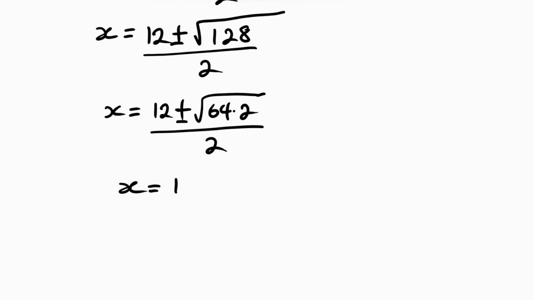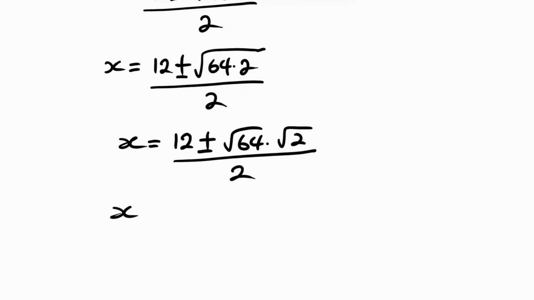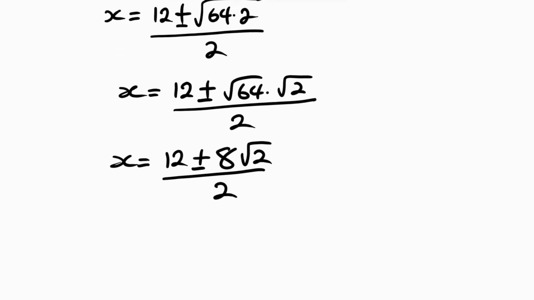So now we have plus or minus root 64 root 2 divided by 2. So this becomes 12 plus or minus the square root of 64, which is 8. So we have 8 root 2 divided by 2. We can collect some like terms.